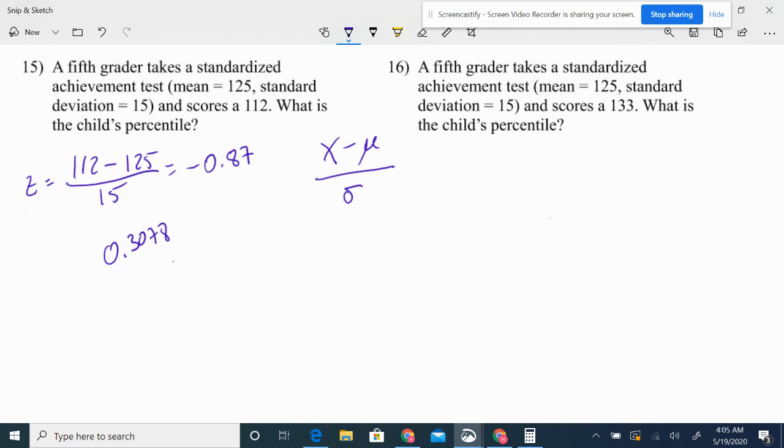So I'm going to say, what is this child's percentile? I'm just going to say 0.50, 50%, minus, since my z-score is negative, I subtract.